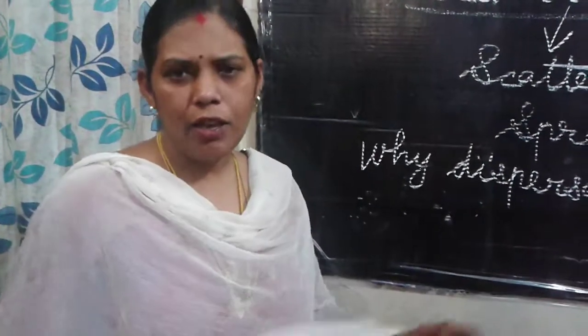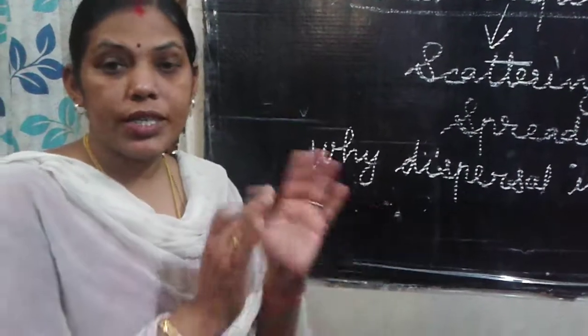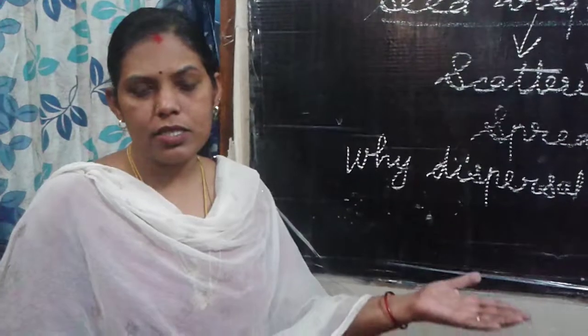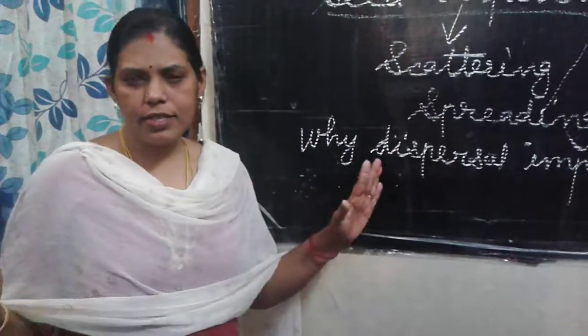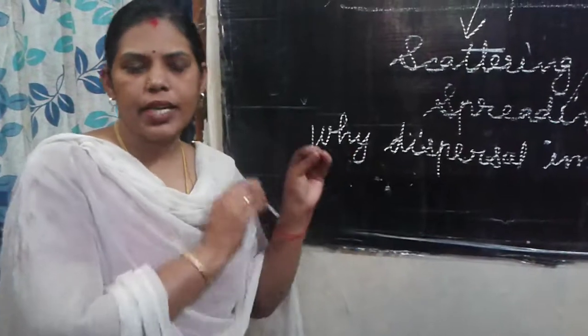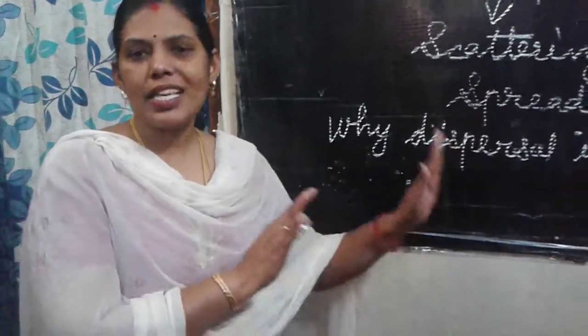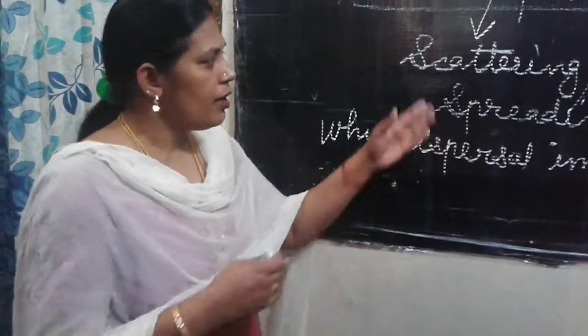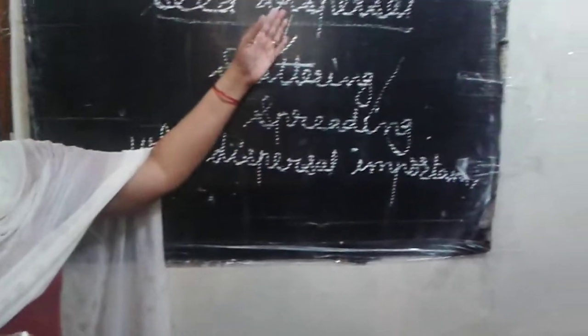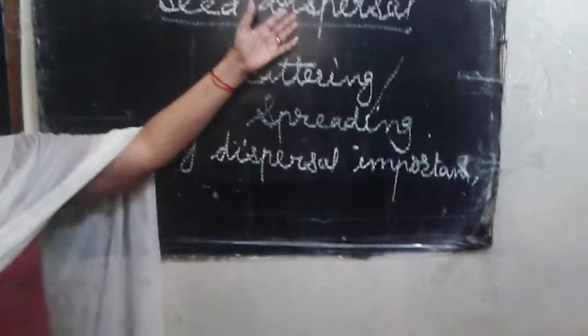Then there will be fighting with each other. Understood? And if there are 10 benches instead of 5, you can sit properly, right? You will get enough space and the class will run smoothly. Now I hope you understood why dispersal is important.